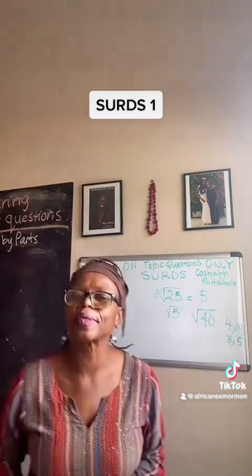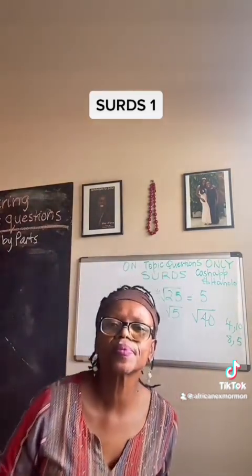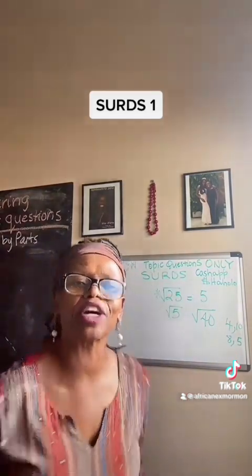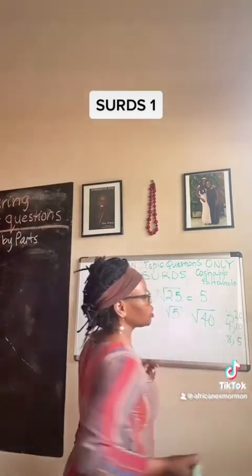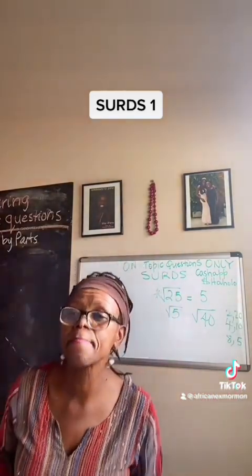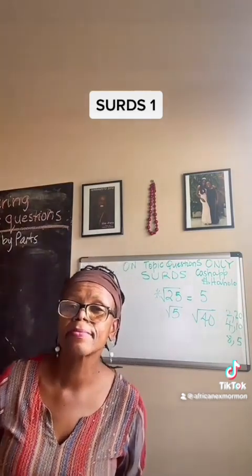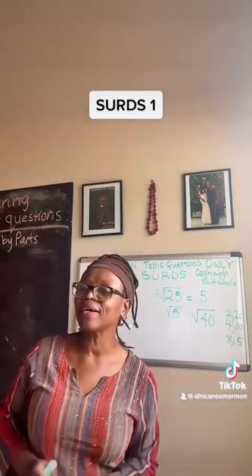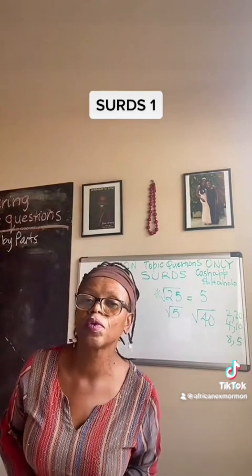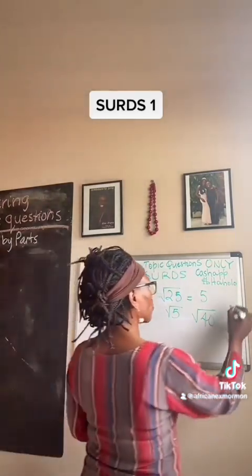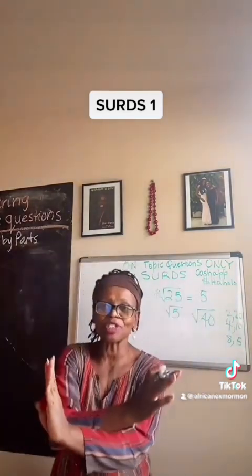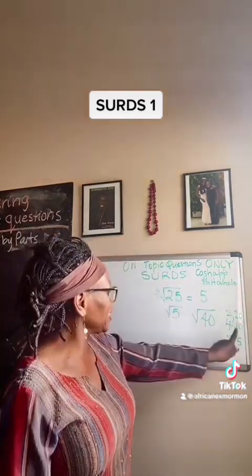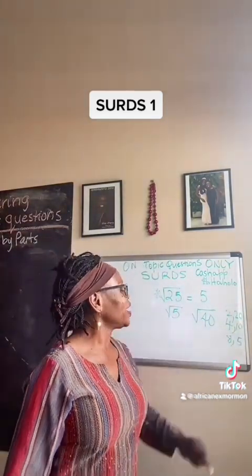What other numbers? 2 and 20. Okay. What else? 10 and 4. 10 and 4 is already here. You just reversed the order, but we still have 10 and 4.